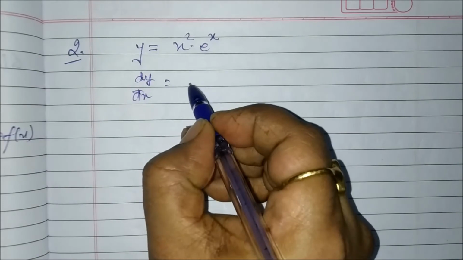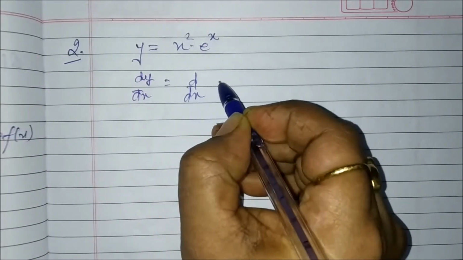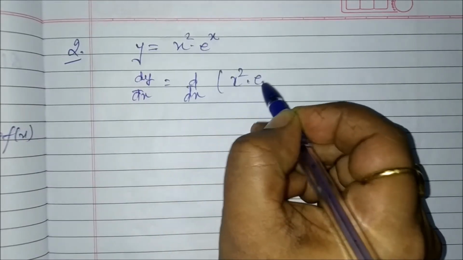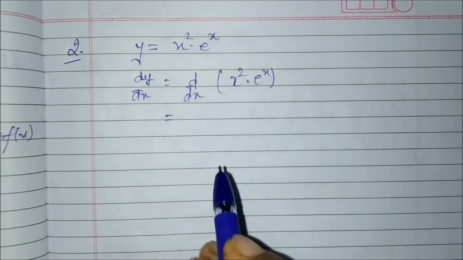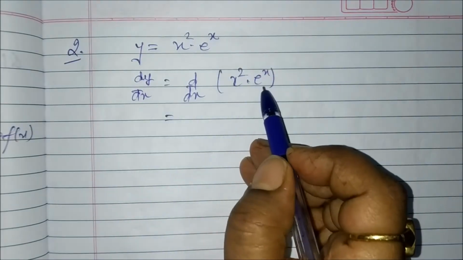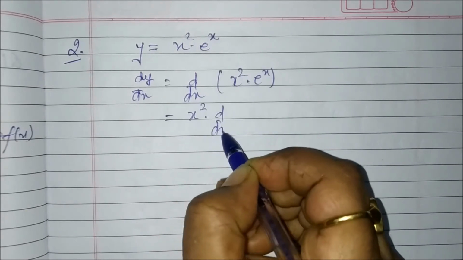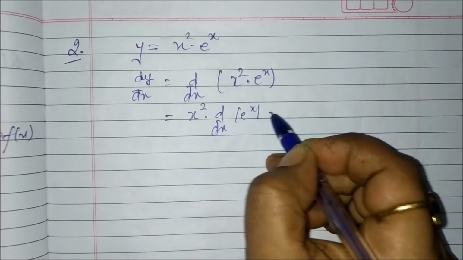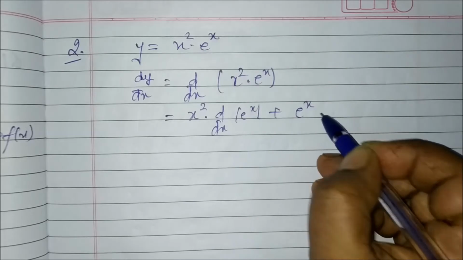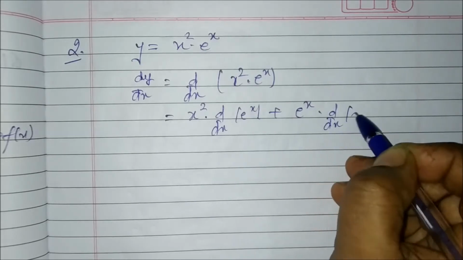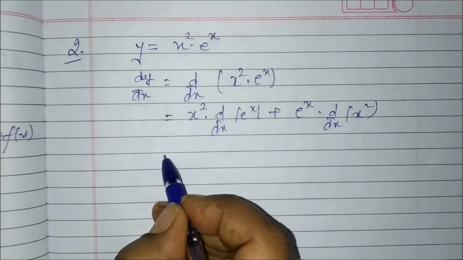So dy by dx equals d by dx of x square into e raised to x. Now we have to apply the u into v formula. So x square into d by dx of e raised to x plus e raised to x into d by dx of x square.